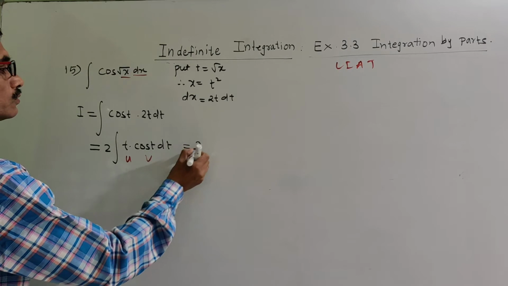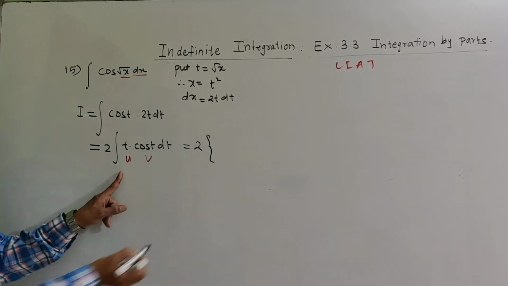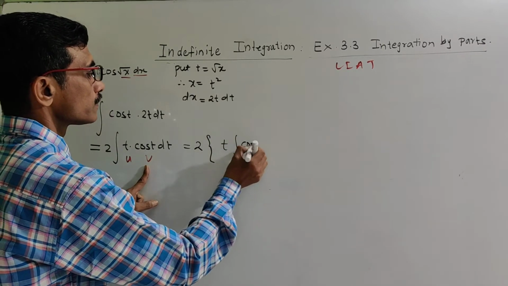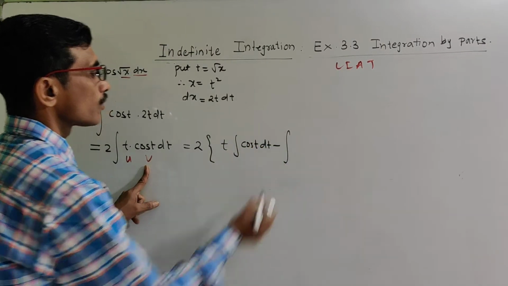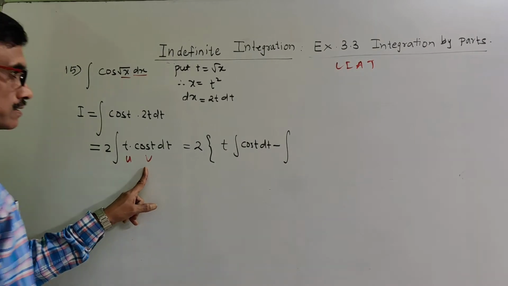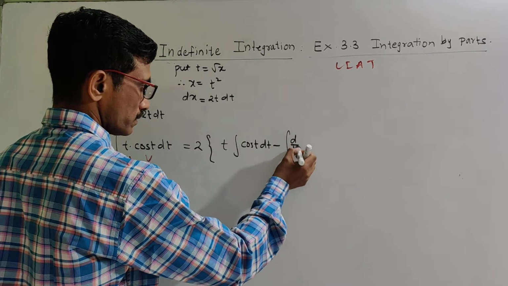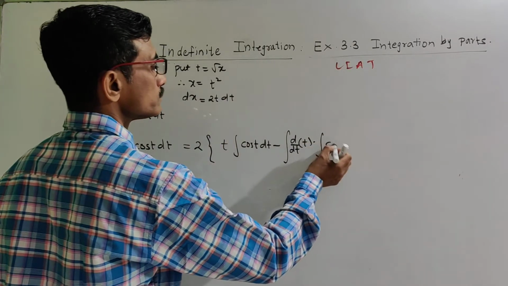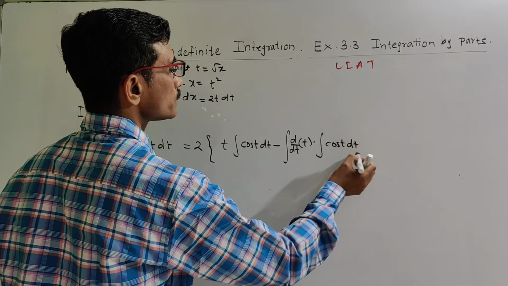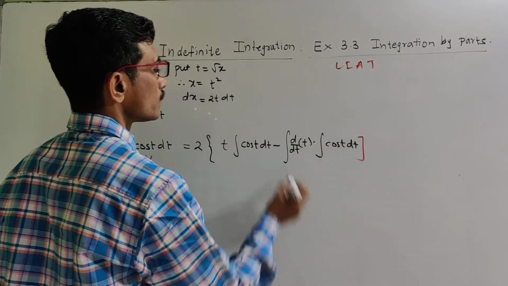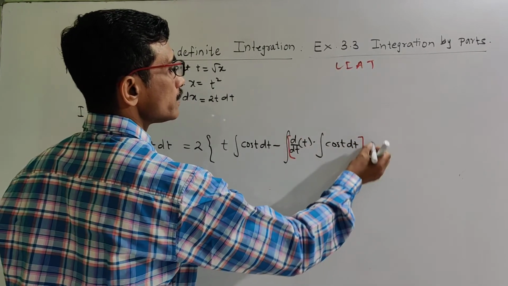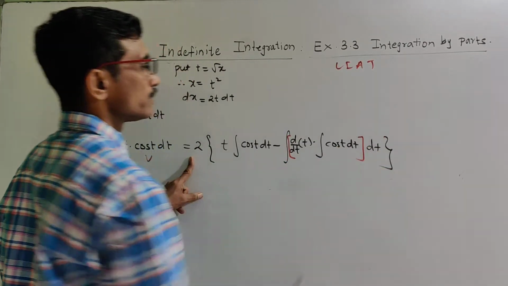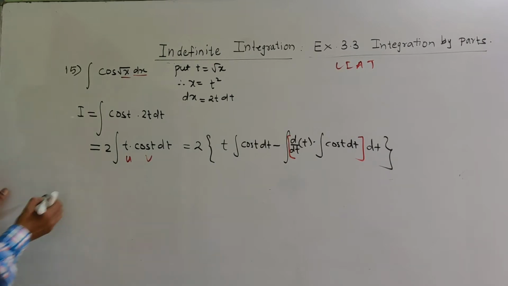So it is 2 times u as it is, t, integral of cos t dt, minus integral of derivative of u, that is derivative of t, and integral of cos t dt. This 2 is multiplied to both the terms, therefore we put bracket over here.